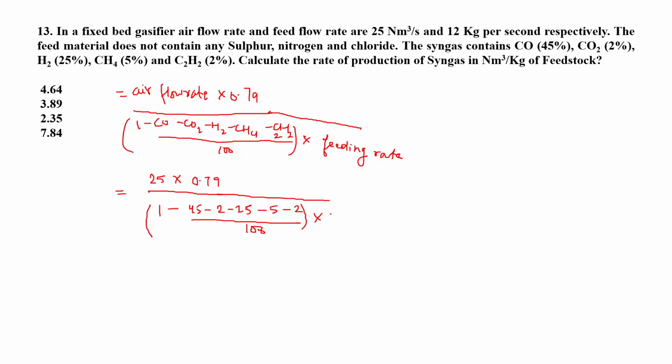And the feeding rate is 12 kg per second. After solving this, 100 will go here, and we will get 7.84 normal meter cube per kg of feedstock.